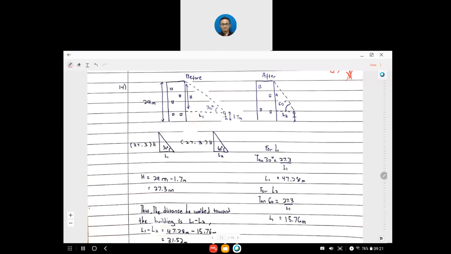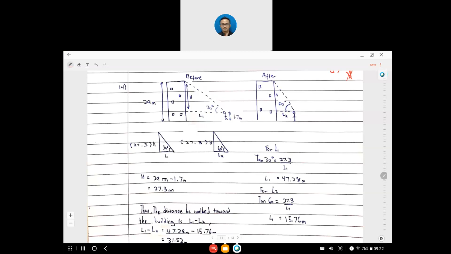1.7 meter tall boy is standing at some distance from a 30.7 meter tall building. The angle elevation, ni pun satu juga. Angle elevation from his eyes to the top of the building increases from 30 degree to 60 degree as he walks towards the building.